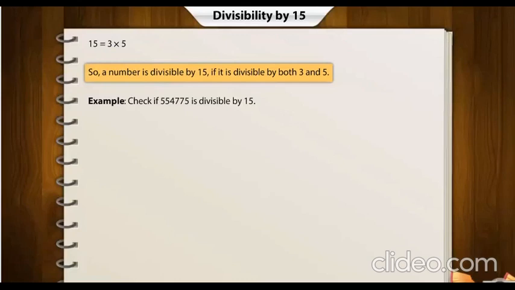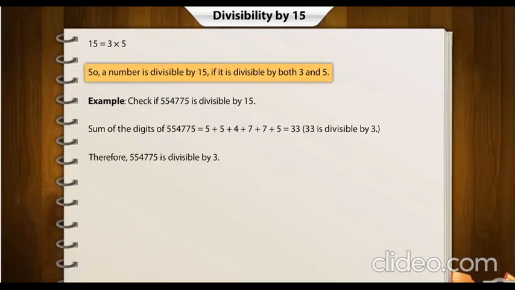Consider the number 5,54,775. Let's first test it for divisibility by 3. The sum of the digits of this number is 33, which is divisible by 3. So, the number 5,54,775 is divisible by 3.